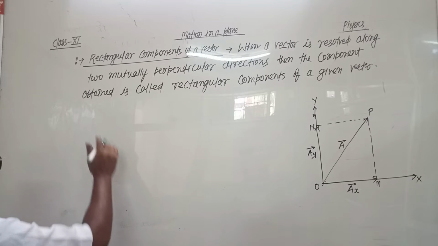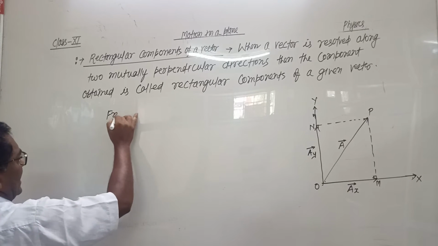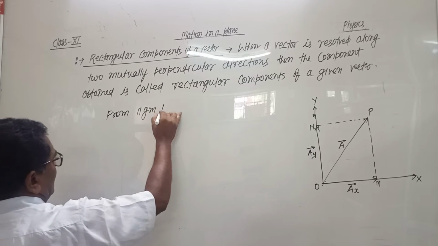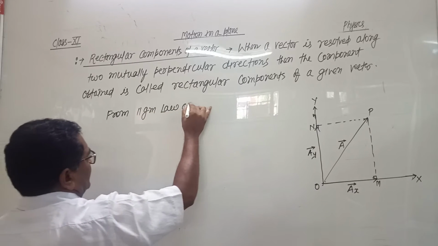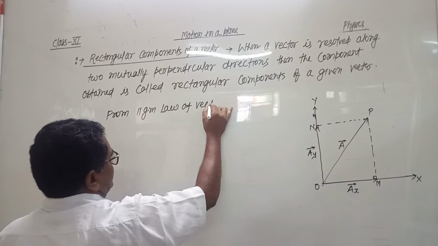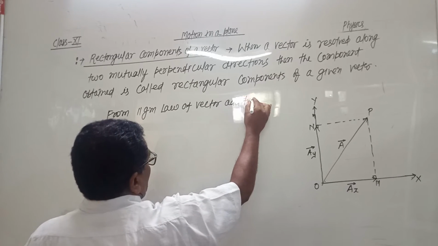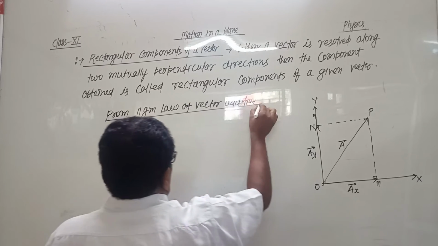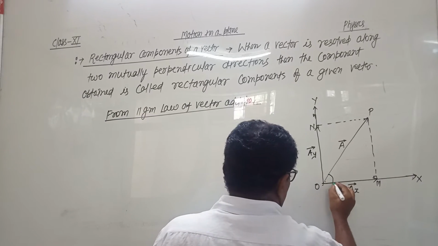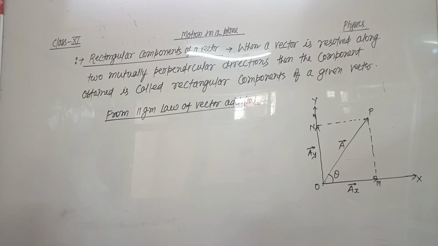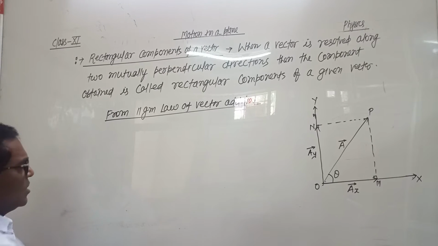Now from the parallelogram law of vector addition, let this angle be theta, the angle vector A makes with the x-axis.